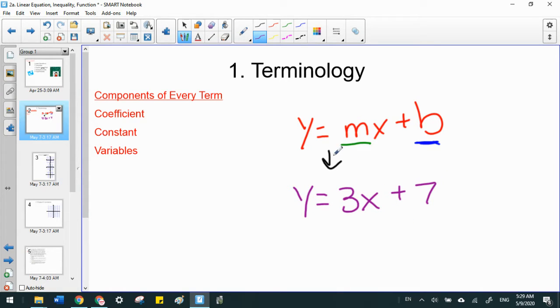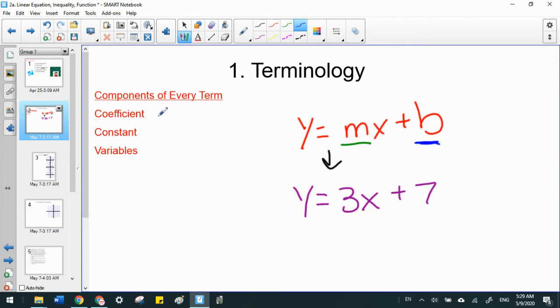In this case, the m is supposed to be a slope, which is supposed to be a number, so that becomes 3. The b is supposed to represent the y-intercept, so it is also supposed to be a number, so I just randomly picked 7 so that we can analyze each term here. If you're not sure what slopes and y-intercepts are, I'll explain that to you in the next slide. For now, I just want to be able to look at an equation so we can describe everything here.